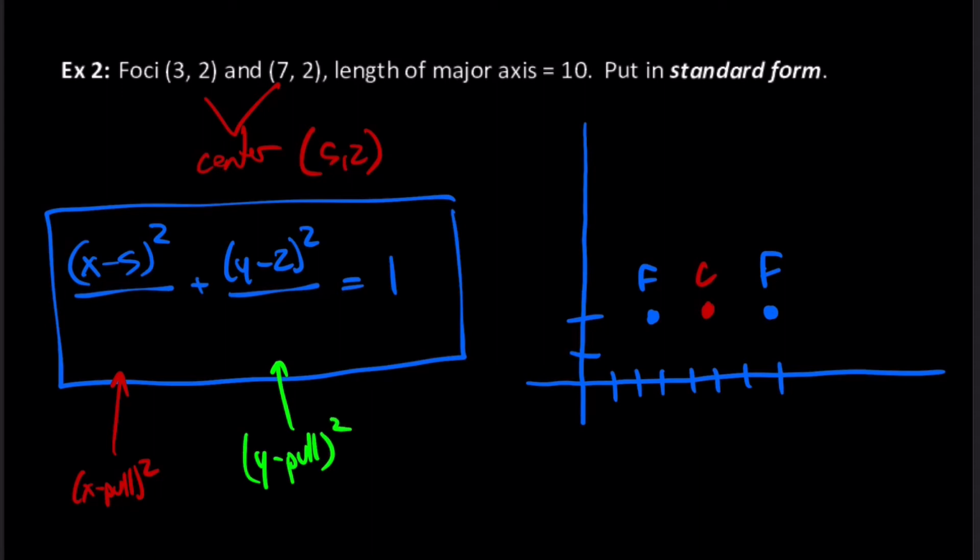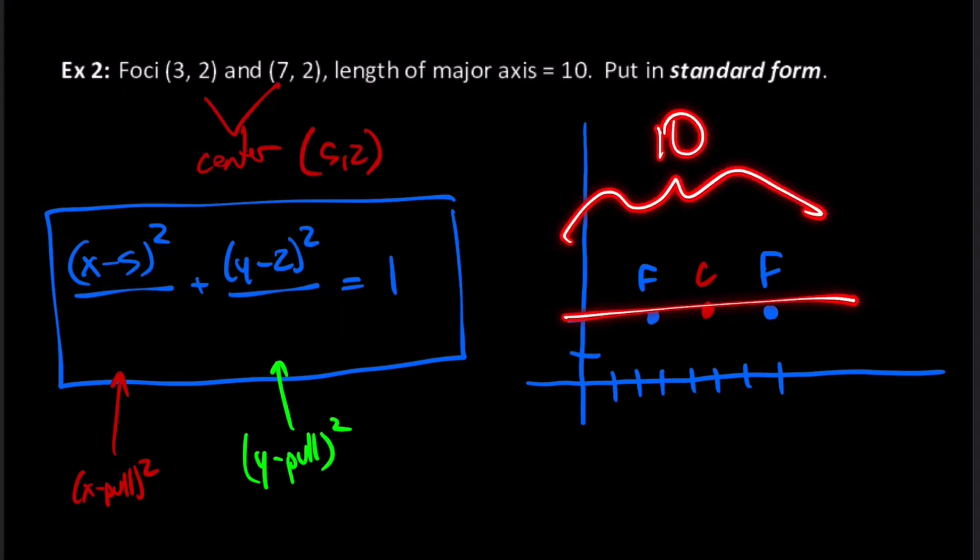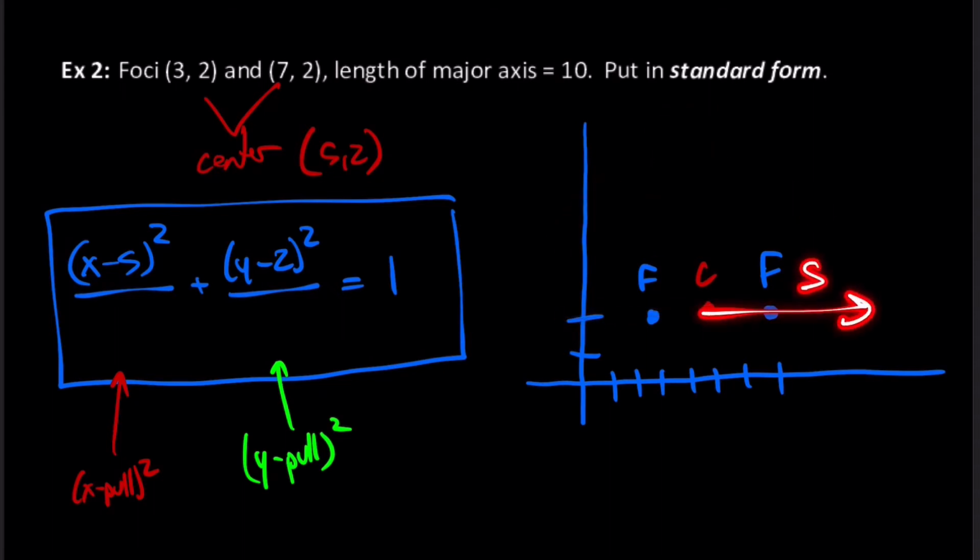In this case, it's going to be the x pull because the major axis equals 10. So if the major axis is 10, that means this entire length here has got to be 10. Or in other words, I go 5 that way and I go 5 that way.